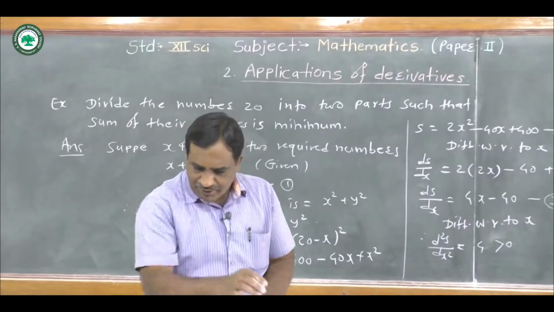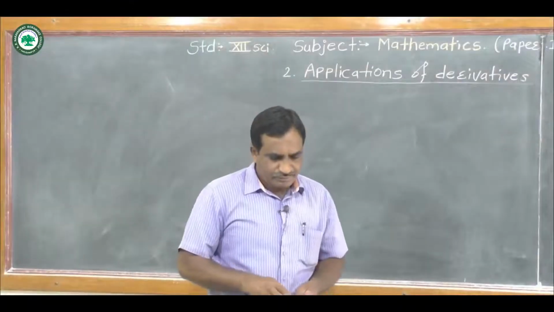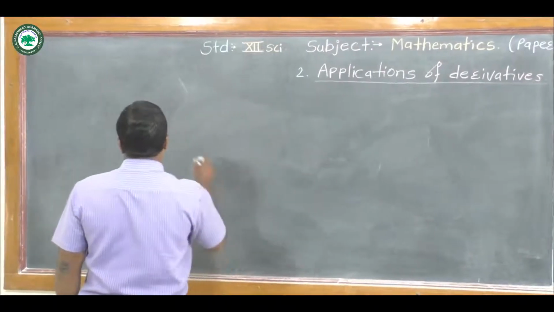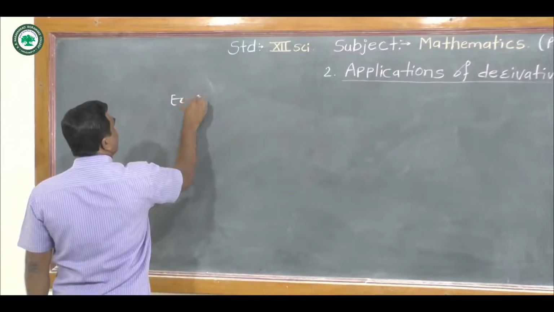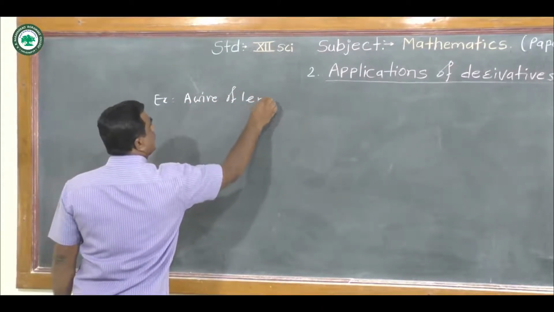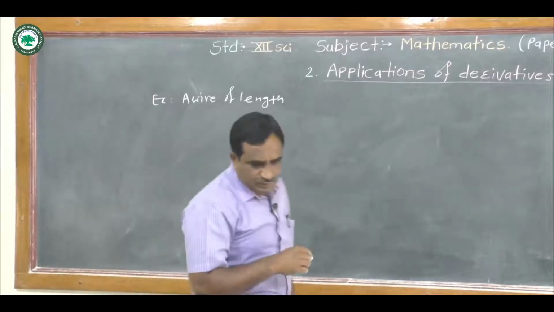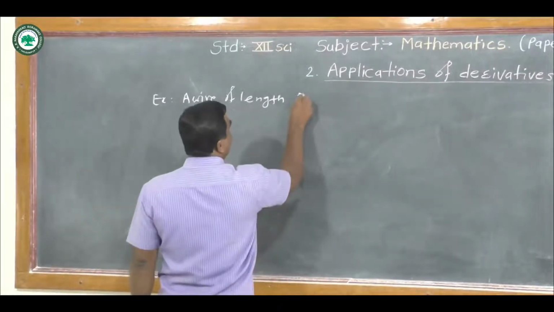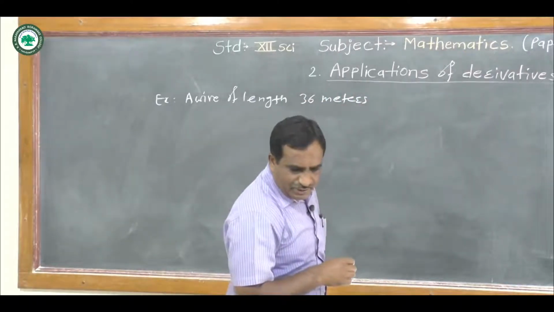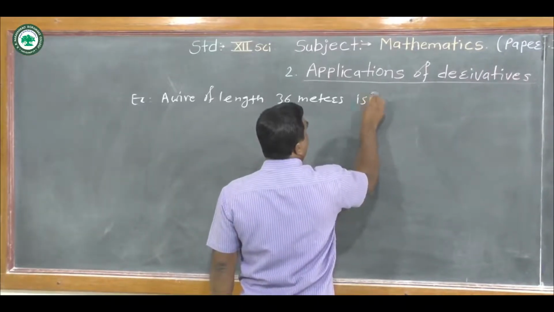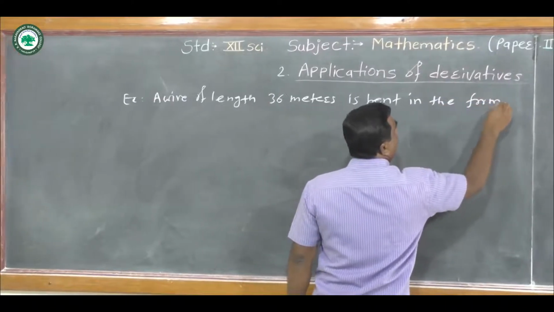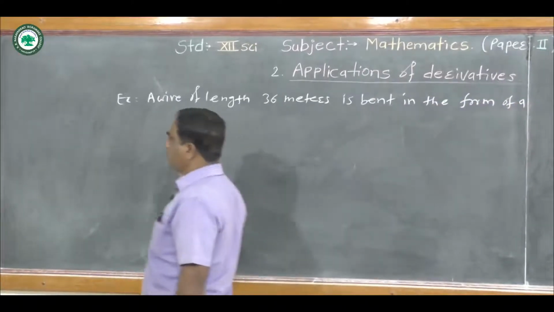Now we see the next example here. A wire of length 36 meters is bent in the form of a rectangle.